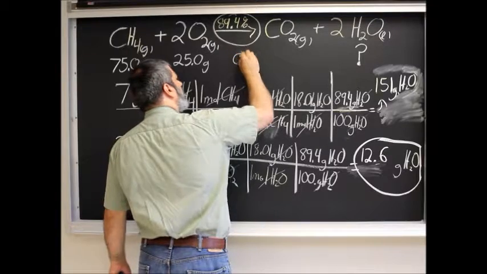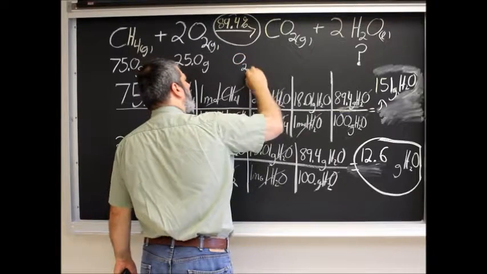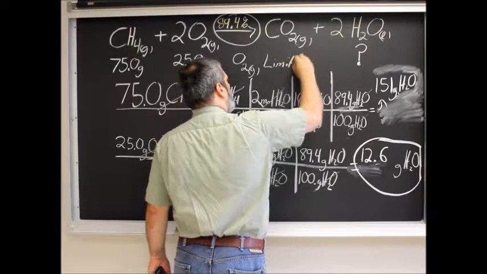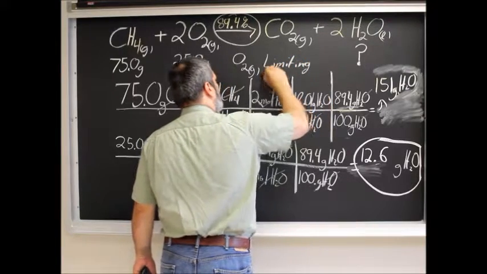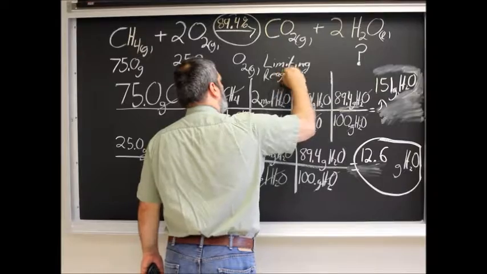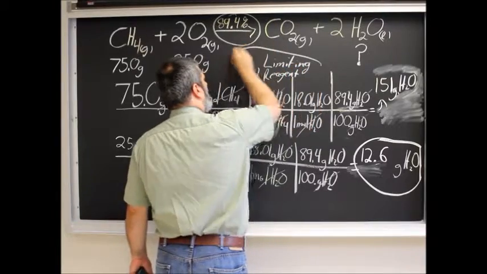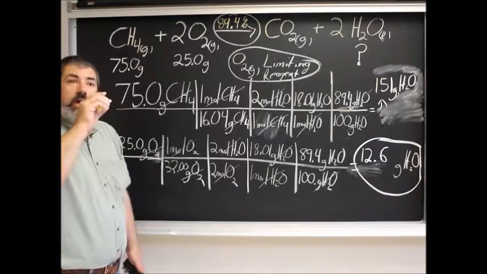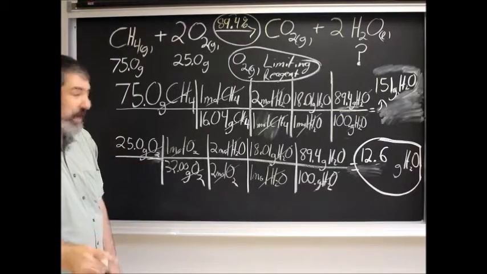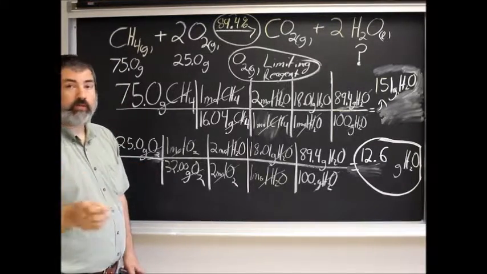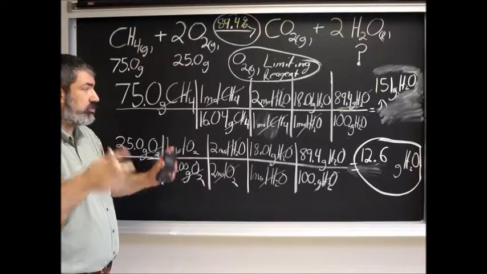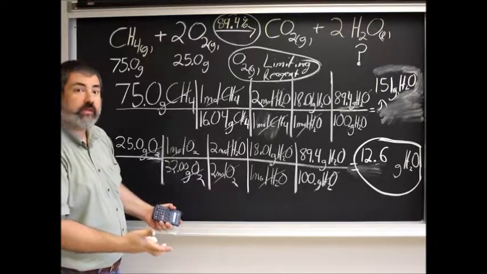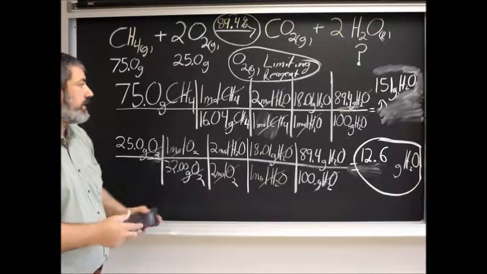So oxygen is our limiting reagent. I didn't specify that I wanted you to tell me that. However, to solve this problem, you must determine which one's the limiting reagent and then go from there.